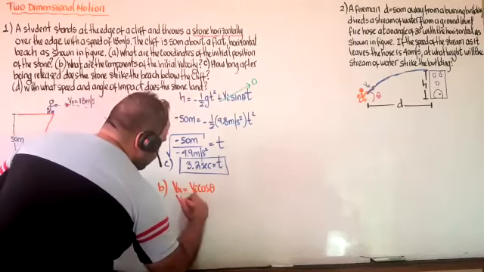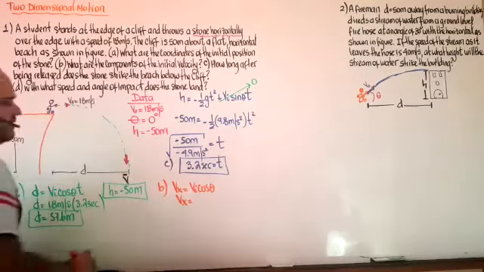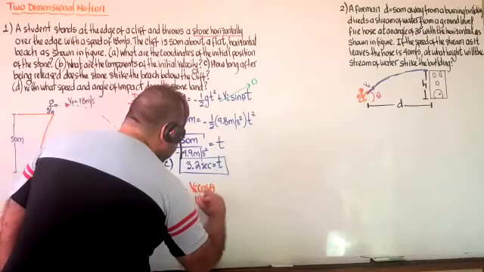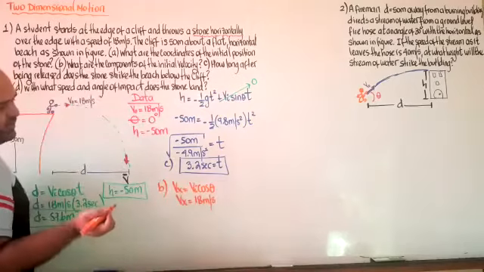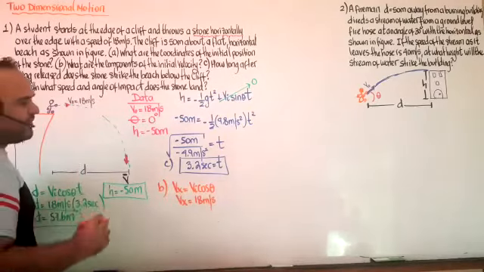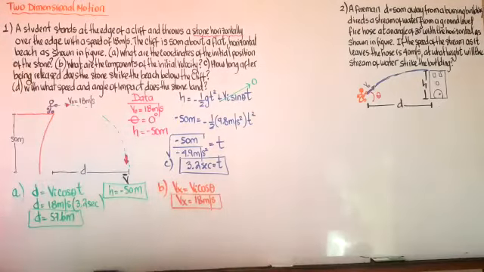So velocity x equals Vi, because it's moving to the right, 18 meters per second times cosine 0. Cosine 0 will be 1. So 18 times 1 will be 18.